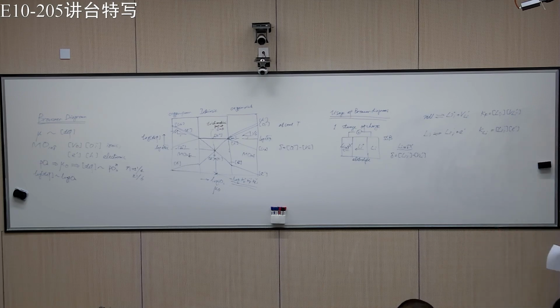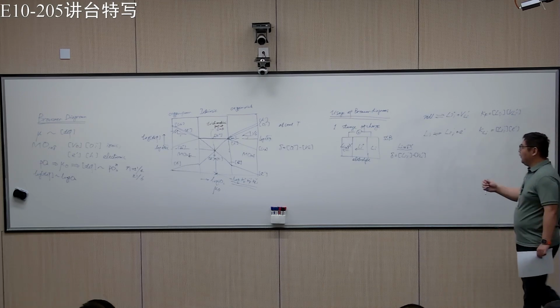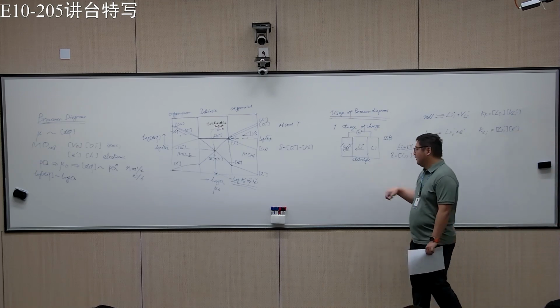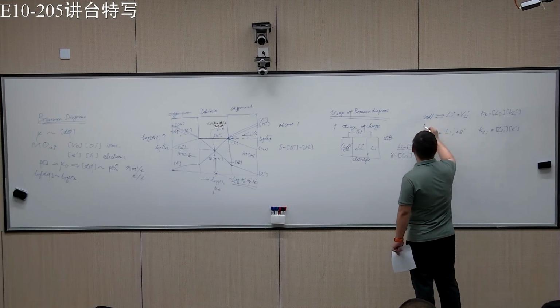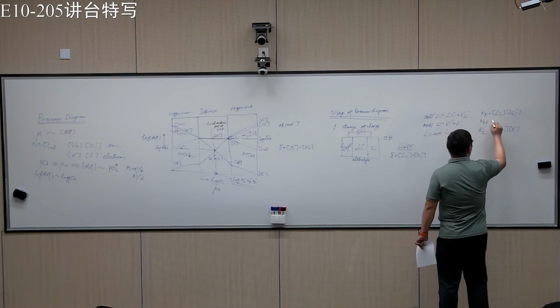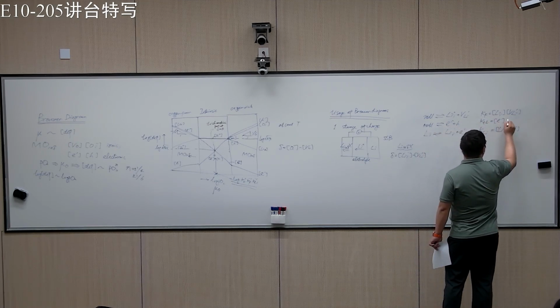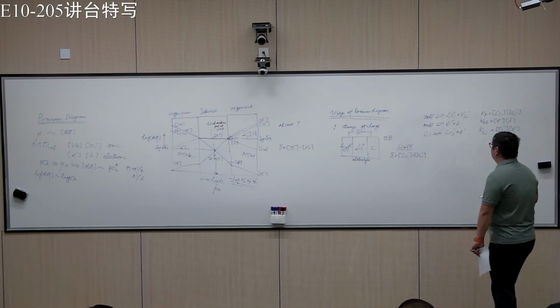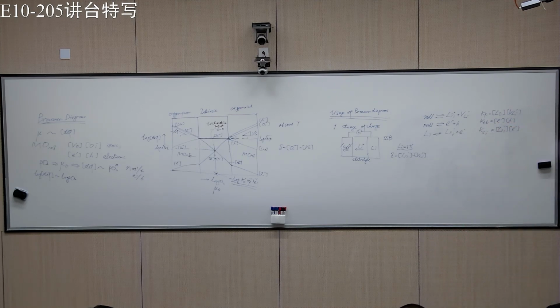And since the cathode materials are usually semiconductors, you also have the formation of electron hole pairs, so KEL would be electrons and holes. Now it's basically one-to-one.